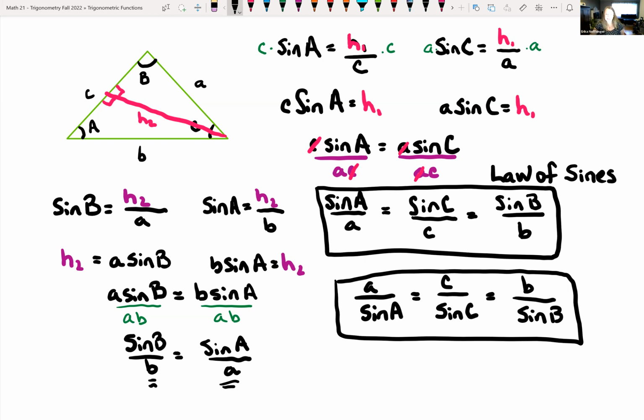So that is the law of sines. So now let's look at a couple of examples. Actually, before we look at a couple of examples, let me also tell you when we would use this.